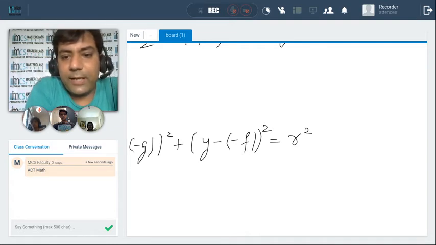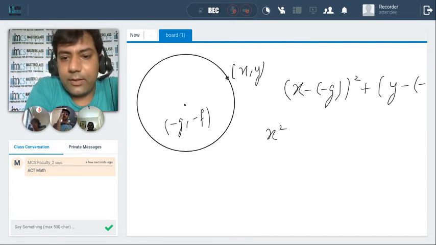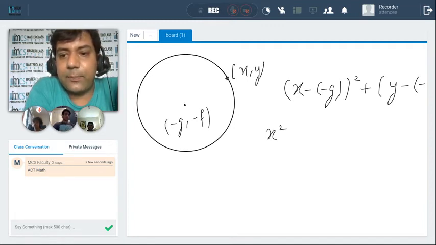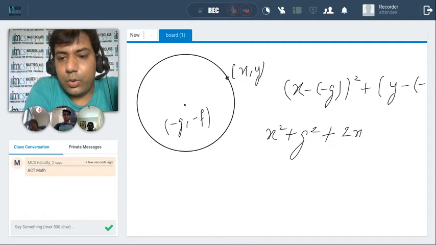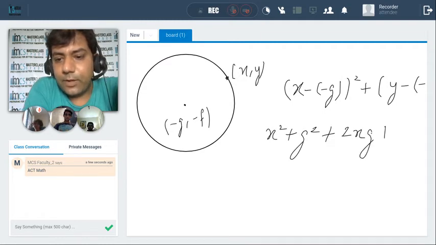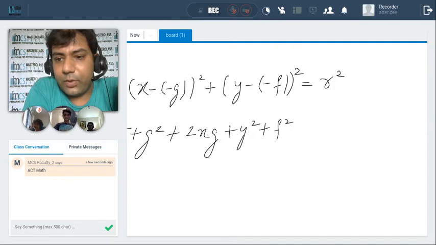So if we expand it, what do we get? Minus becomes plus, so it is x plus g whole square plus y plus f whole square. I'm directly writing x square plus g square plus 2xg plus y square plus f square plus 2yf equals r square.